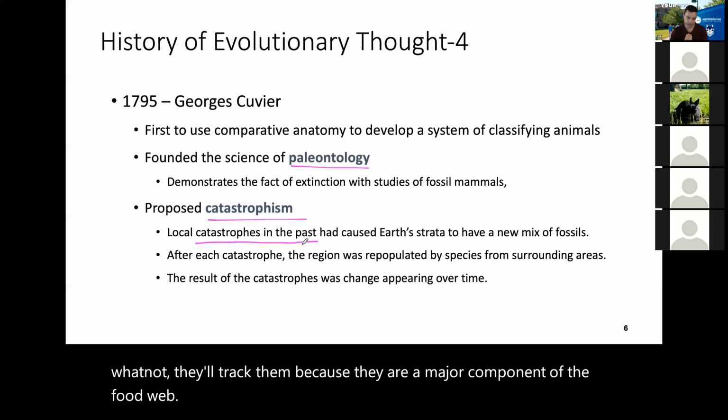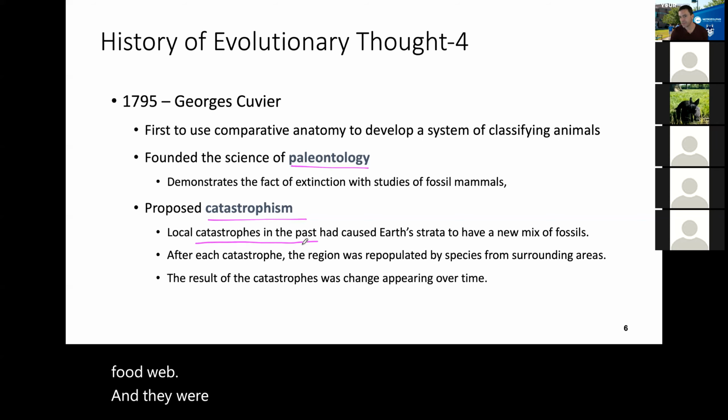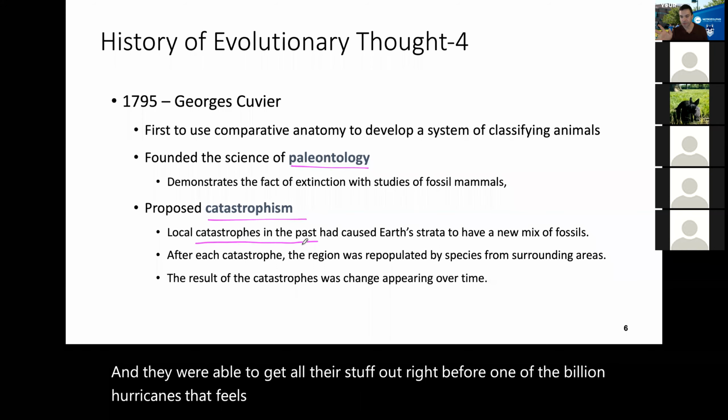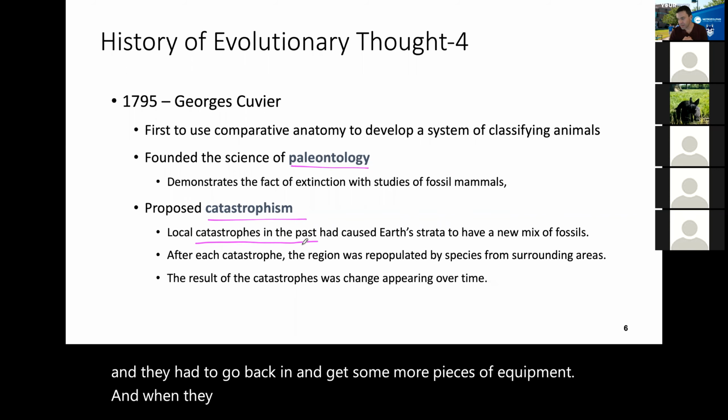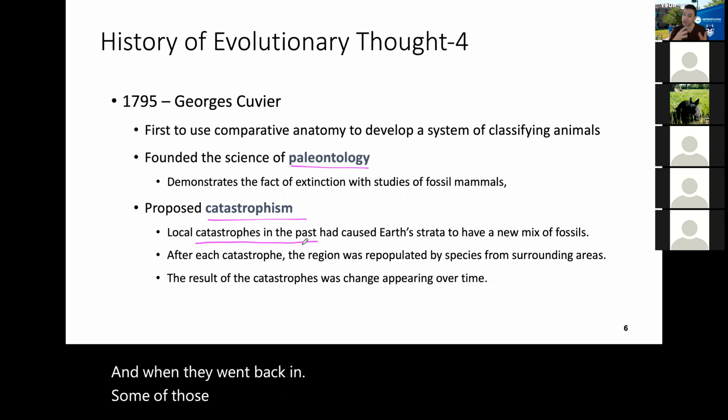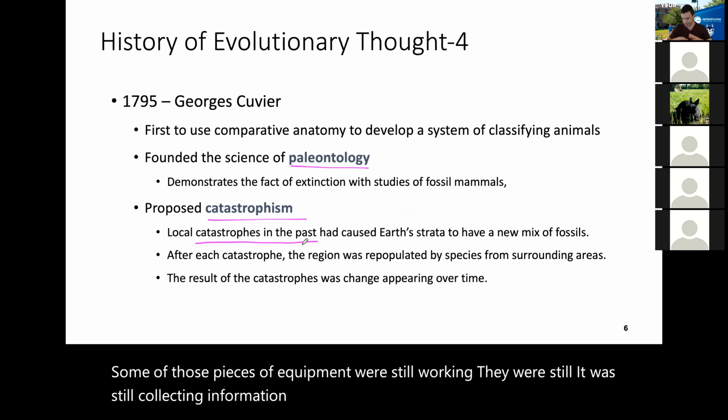And they were able to get all their stuff out right before one of the billion hurricanes, it feels like, that has gone through there this year, came through. And they had to go back in and get some more pieces of equipment. And when they went back in, some of those pieces of equipment were still working. It was still collecting information, still collecting some fish.